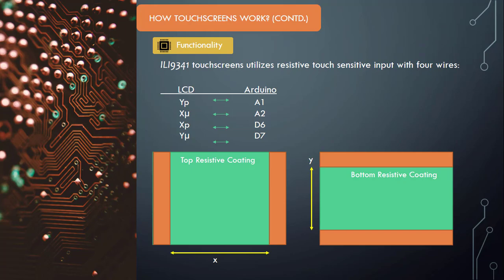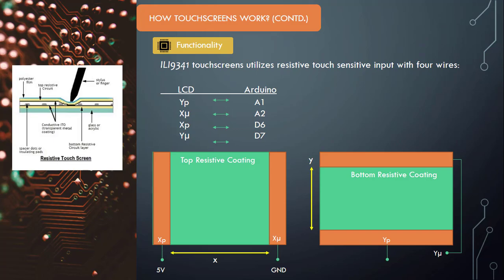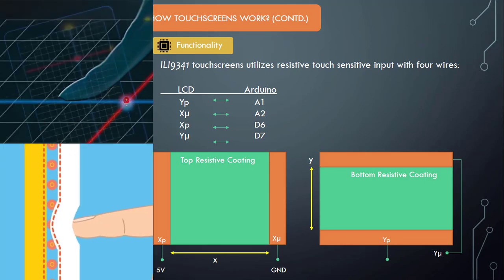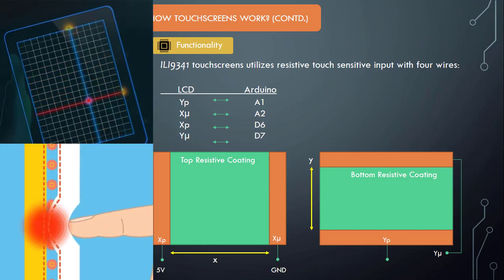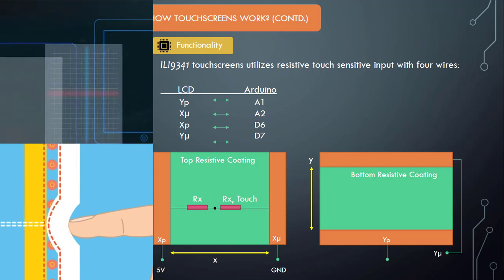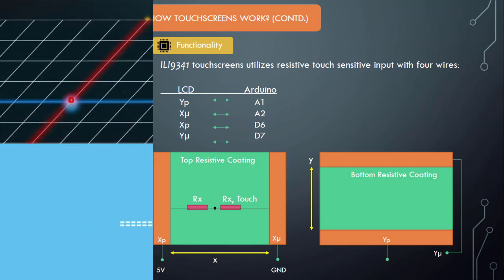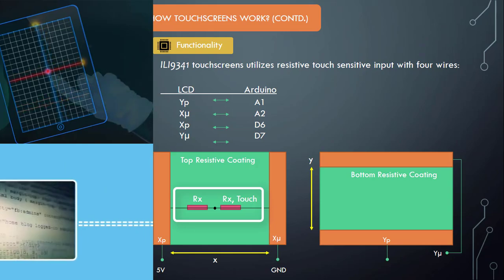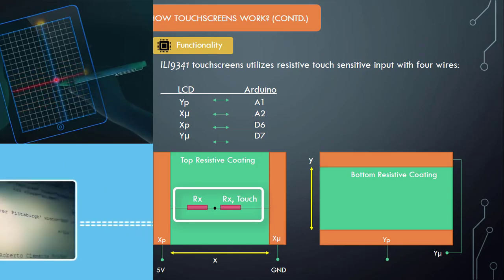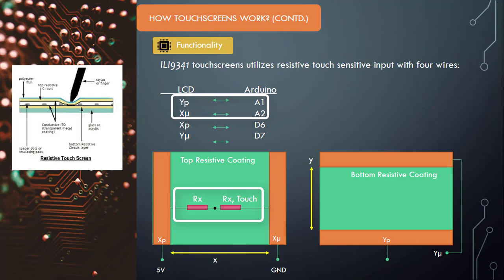The top and the bottom resistive coatings measure each other's voltages, and based on that, sensors can determine the location of the touch point. For example, by powering the pins with 5 volts and ground in the X direction, we can touch the screen, which connects the top layer with the bottom layer, as can be seen in the graphics, and thus it lets us measure the voltage of this X direction voltage divider through the Y pins, which are connected to analog inputs.